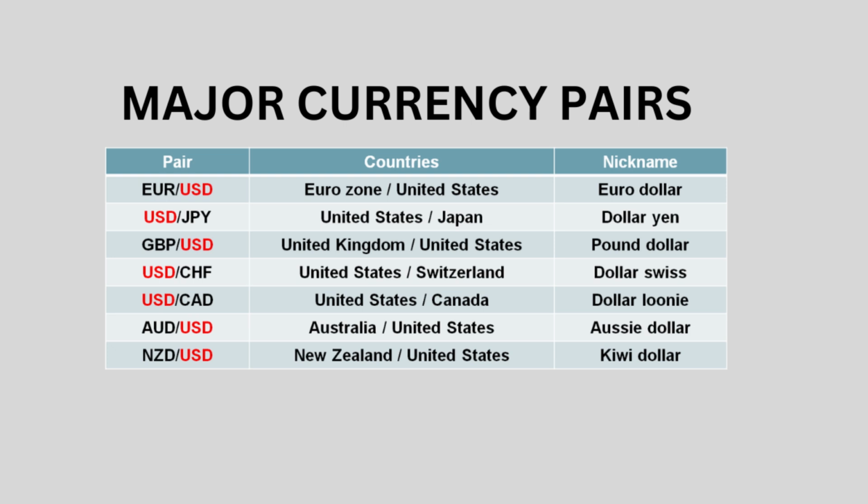So you buy when euro is strong, and you sell when dollar is strong. And when euro is strong and dollar is weak, you will buy. And when dollar is strong and euro is weak, you will sell. That is it. You buy from the base and you sell from the quote.